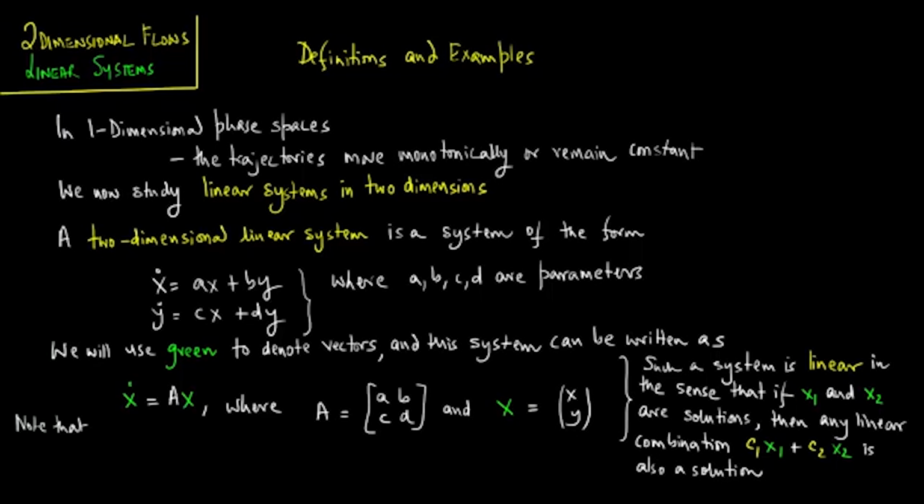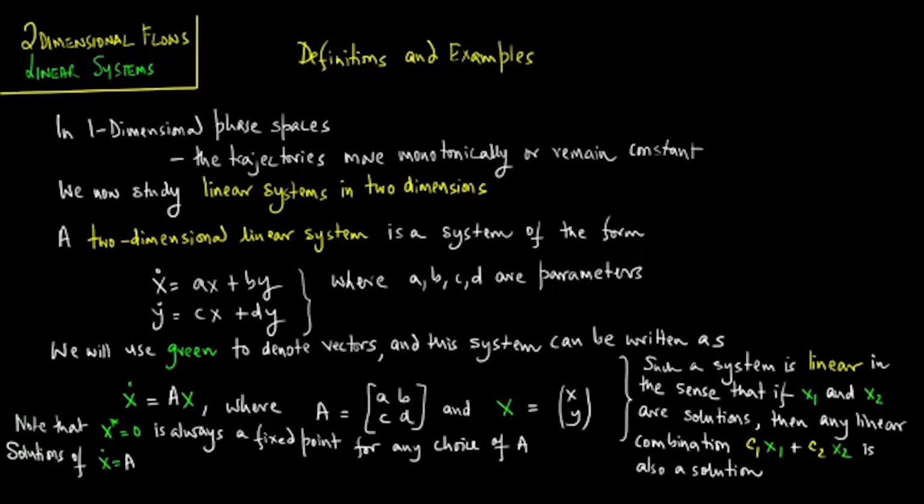Note that x star is equal to 0 is always a fixed point for any choice of capital A. So solutions of x dot is equal to Ax can in fact be visualized as trajectories moving on the xy plane, which is called the phase plane.